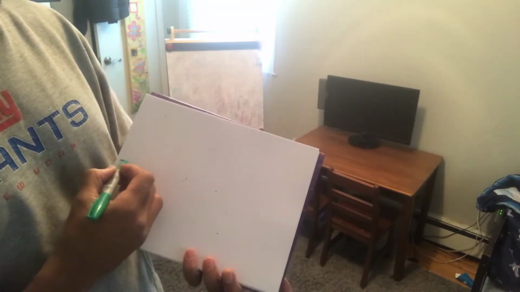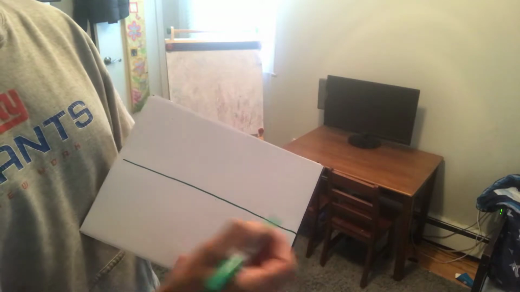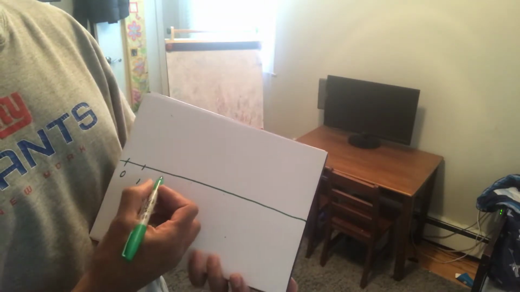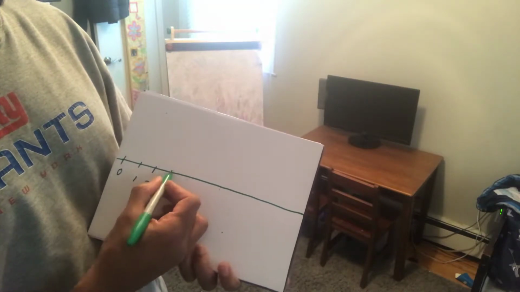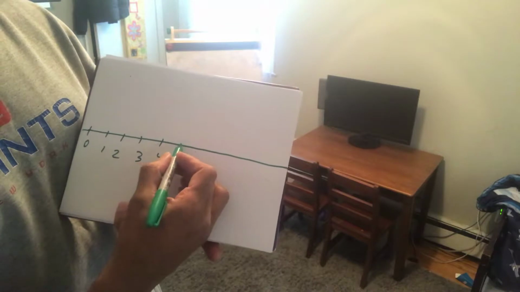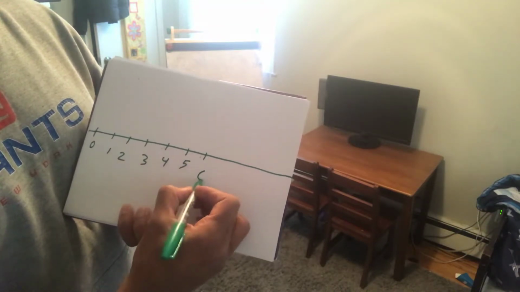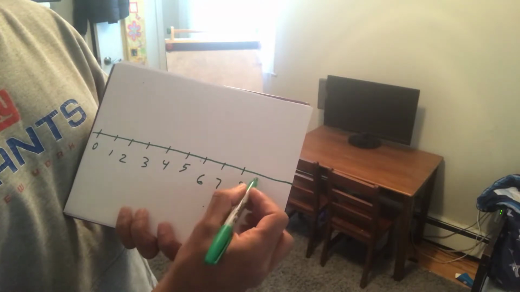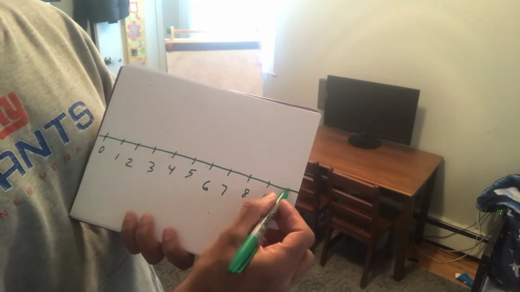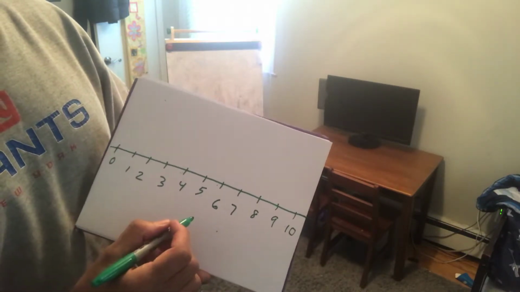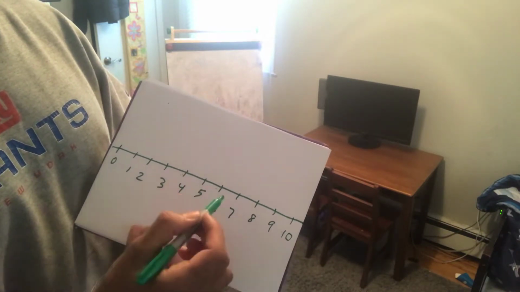All right? So here it is. Let's do a longer number line. 0, 1, 2, 3, 4, 5, 6, 7, 8, 9, 10. So I want to add 5 plus 4.